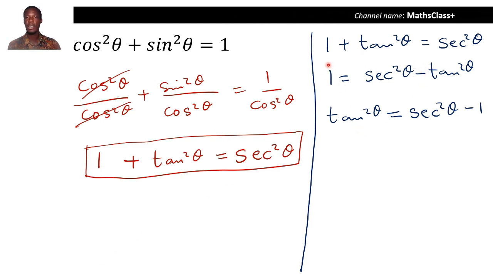So if you have 1 plus tan squared theta, you can substitute sec squared theta for it. And in a similar situation, when you have sec squared theta minus tan squared theta, then you know that this whole thing is 1. And then you also look at this one. So you take note of the identities.